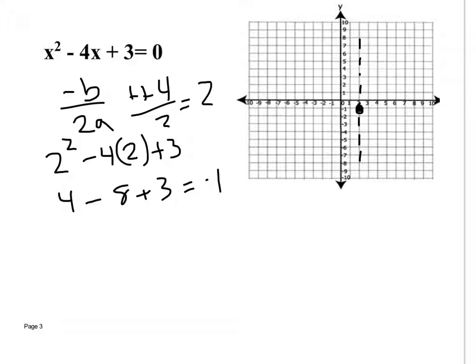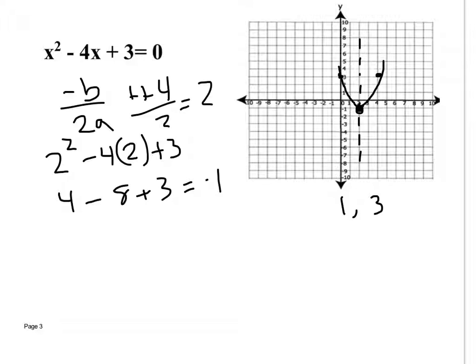So then I look, my y-intercept's at 3. So I use symmetry, and I graph it. What does it look like my solutions are? Where does it cross the x-axis? 1 and 3.